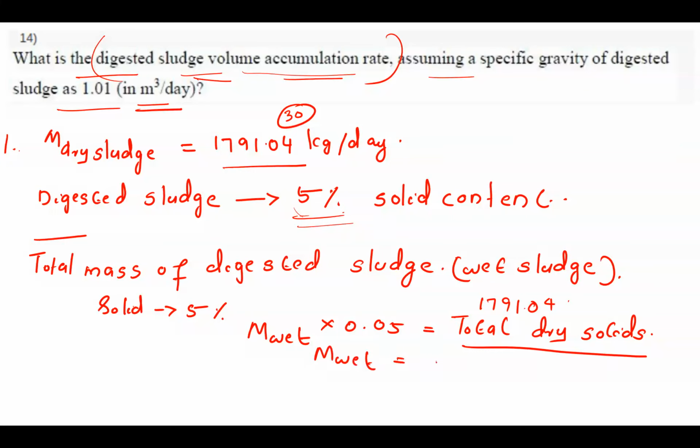Then what you do, 1791.04 divided by 0.05 equals 35820.8 kg per day.